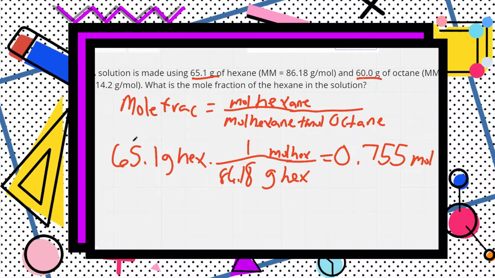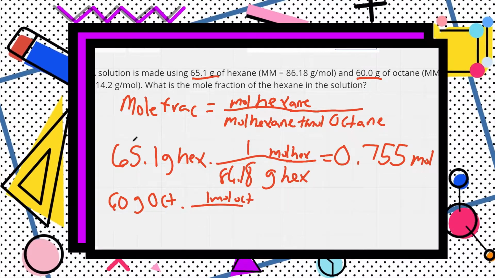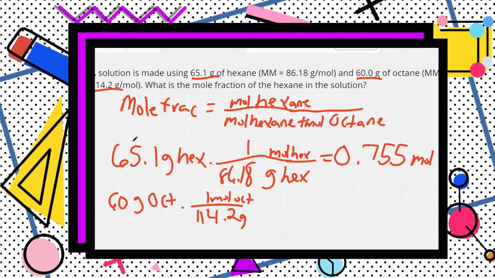Now that we got that squared away, let's convert our other one, octane. So octane, we're looking at 60 grams of octane. Same thing here, 1 mole of octane, and the molar mass is given, 114.2 grams.